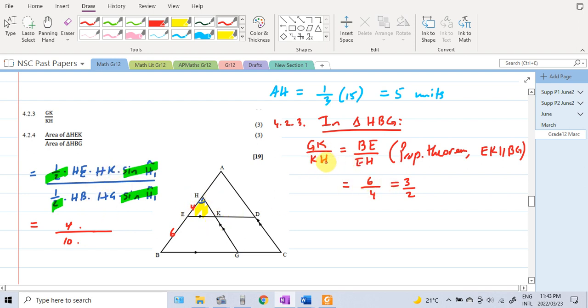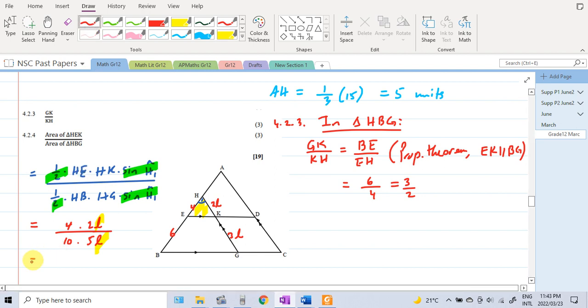You can use another letter, maybe 2L is to 3L, because I'm taking it from here. HK is 2 and GK is 3, so 3L. So HK is 2L. And what is HG? Which is 5L. Now what you can see is that the L's also cancel out.